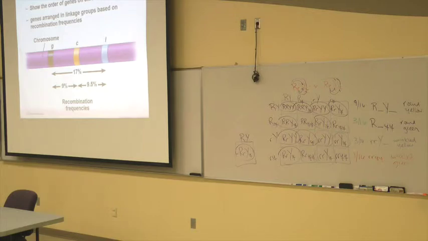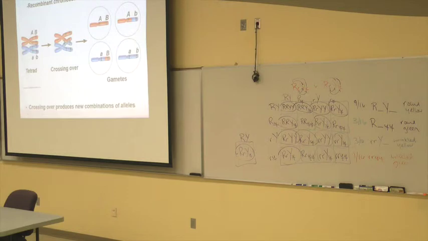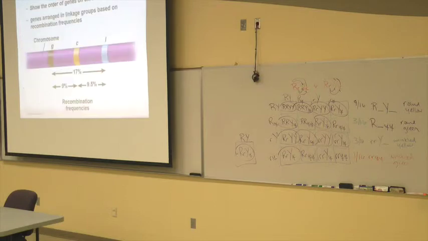And basically, what is depicted here are recombination frequencies, which really show you the chance that these alleles will be separated from each other in crossing over to produce a recombinant. Okay? Let me just go back to the previous slide. This is a recombinant right here. This is the result of crossing over. These are recombinants. Okay? So this next slide is asking, what is the frequency of recombination happening?